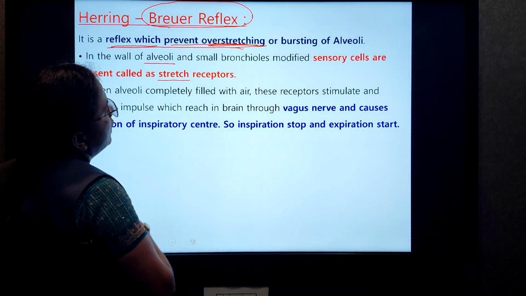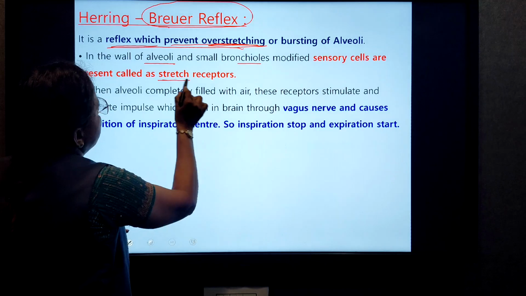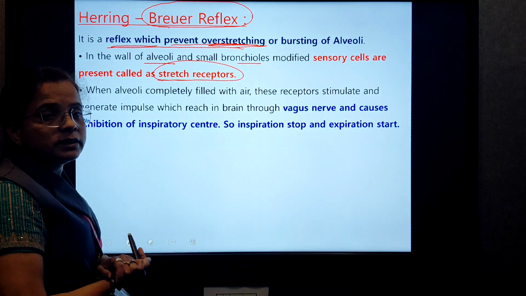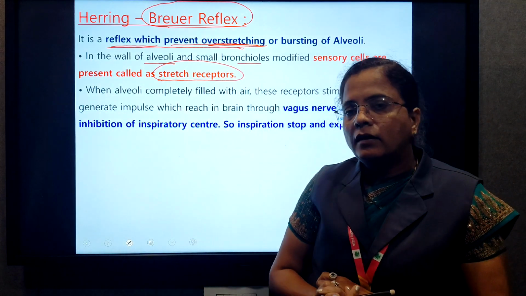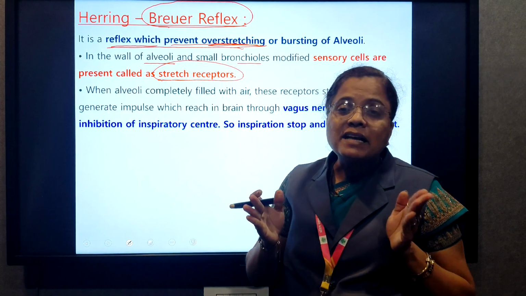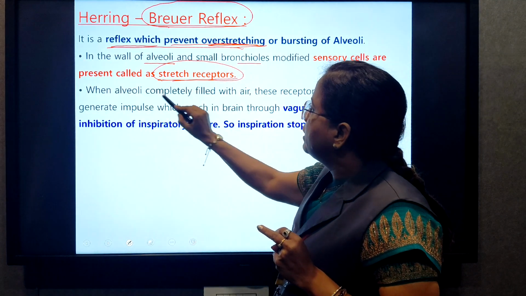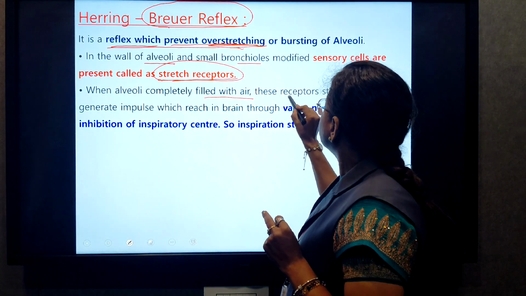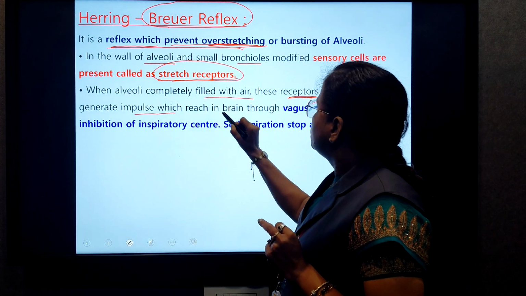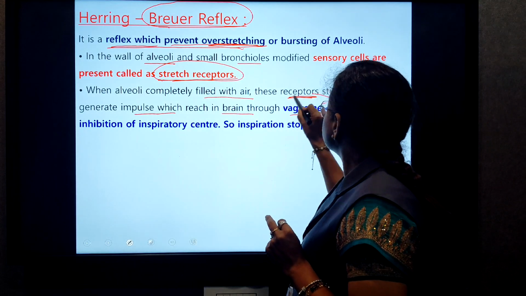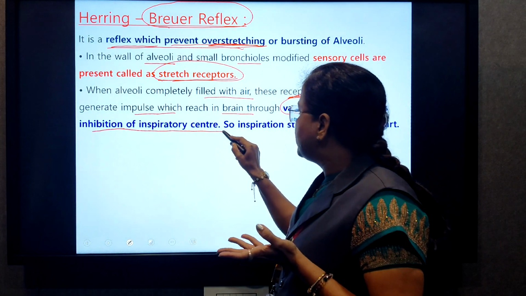In the wall of the alveoli and bronchioles, sensory cells are present, called stretch receptors. These stretch receptors give a signal to the medulla oblongata about the maximum capacity of stretching of the alveoli. When the alveoli are completely filled with air, these receptors are stimulated and send impulses to the brain through the vagus nerve, causing inhibition of the inspiratory center.